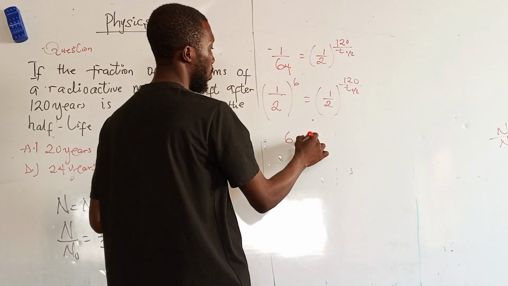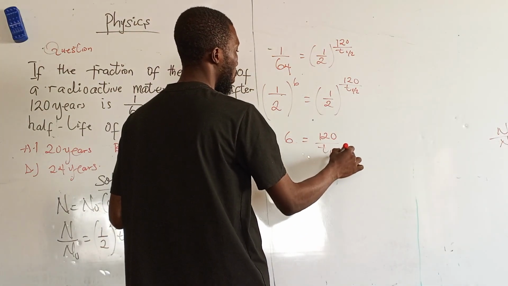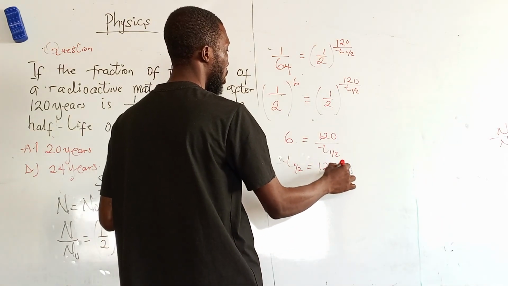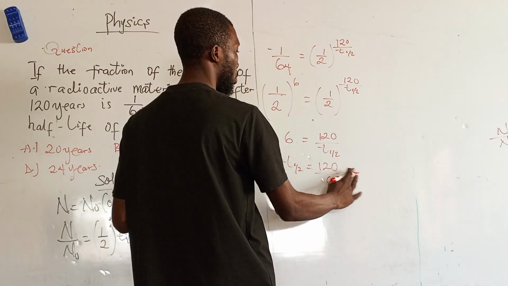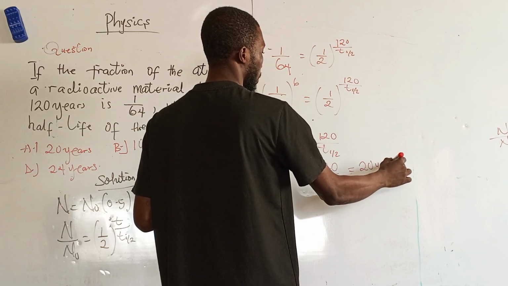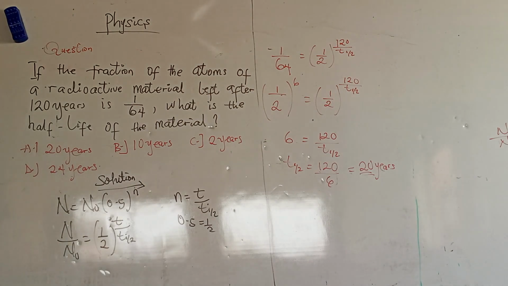So we see 6 equal to 120 divided by half-life, which simply means that our half-life is equal to 120 divided by 6. And this should give us 20 years, which corresponds with option A. So that is that for the half-life.